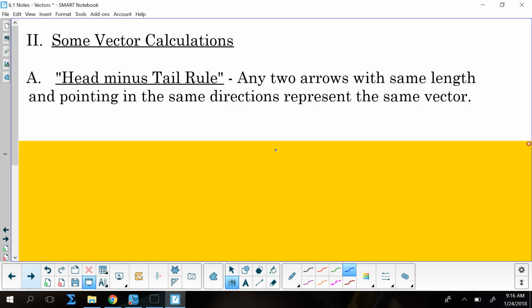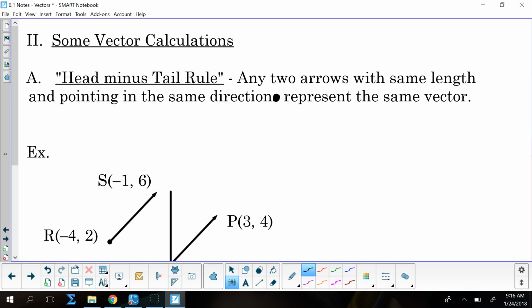Head minus the tail rule is the next thing for vector calculations. Any two arrows with the same length and pointing in the same direction represent the same vector. Okay? So we have this scenario here. Okay?